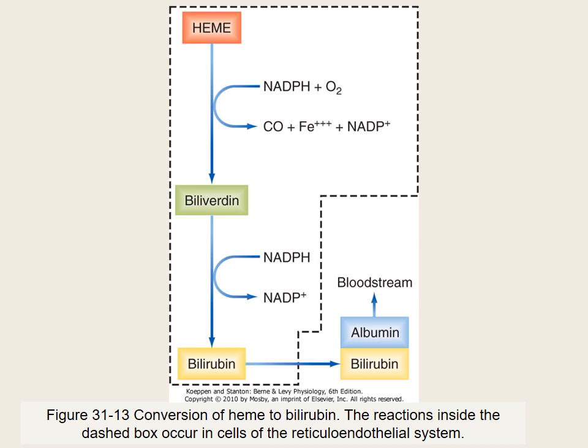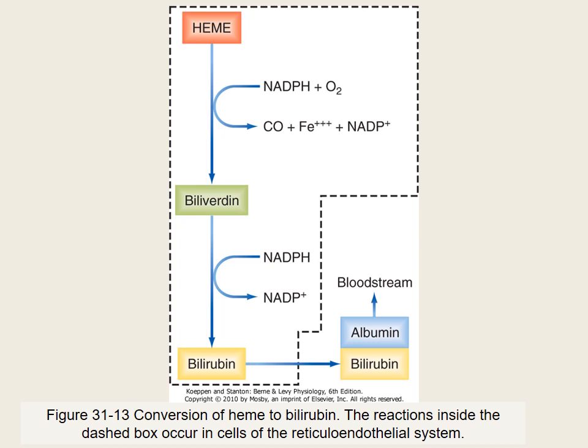Here you see heme coming from hemolysis of the old red blood cells, phagocytized by macrophages in the spleen and liver also, and then it is converted to biliverdin by the heme oxygenase enzyme, and later on to bilirubin.